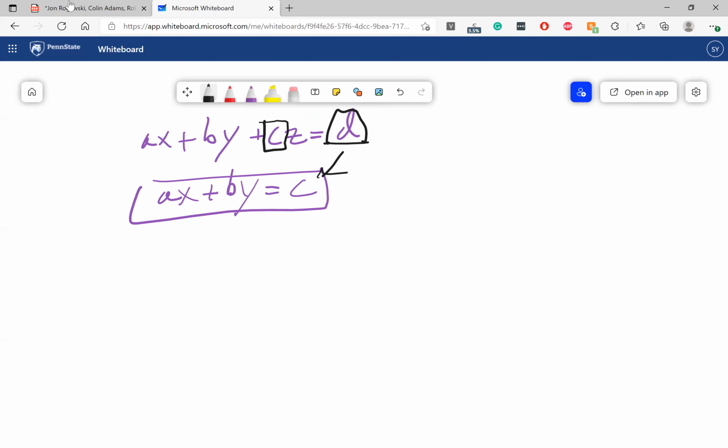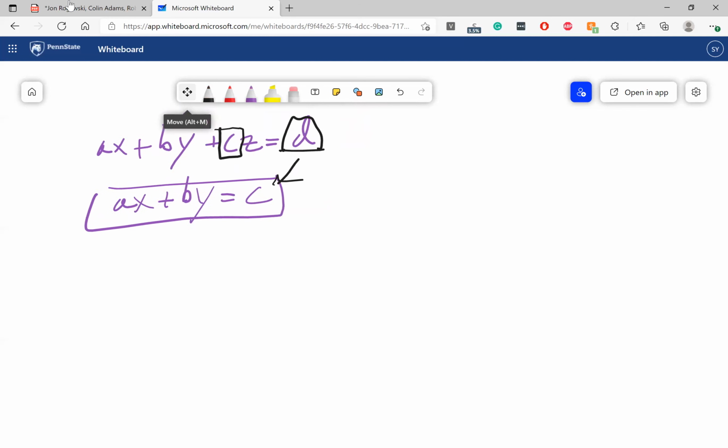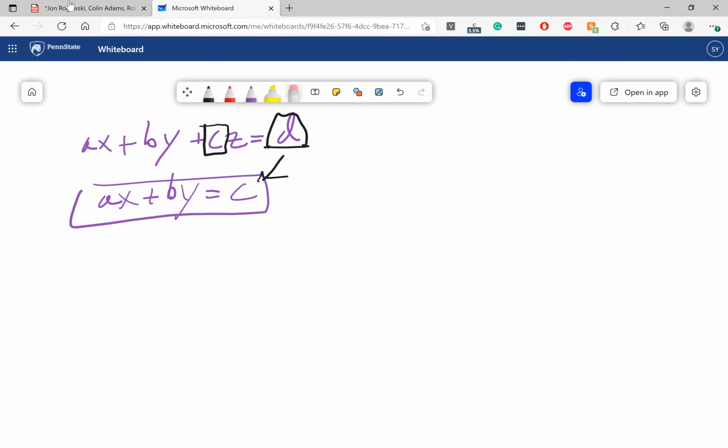And we will see that the coefficients in front of x, y, and z, you can create a vector out of them, a, b, c. And this is called the normal vector to our plane.